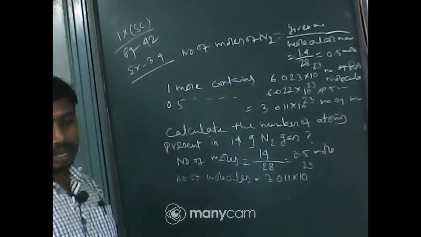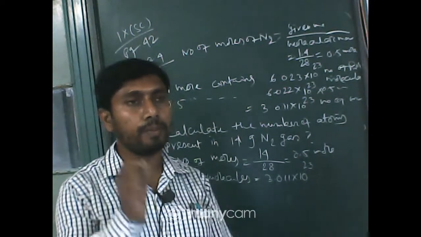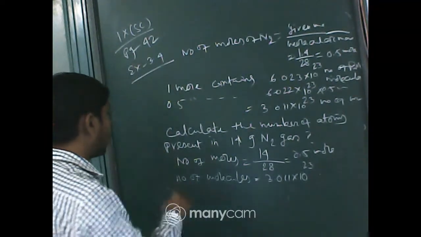Now as it is a diatomic gas, the number of atoms in one molecule is equal to 2.